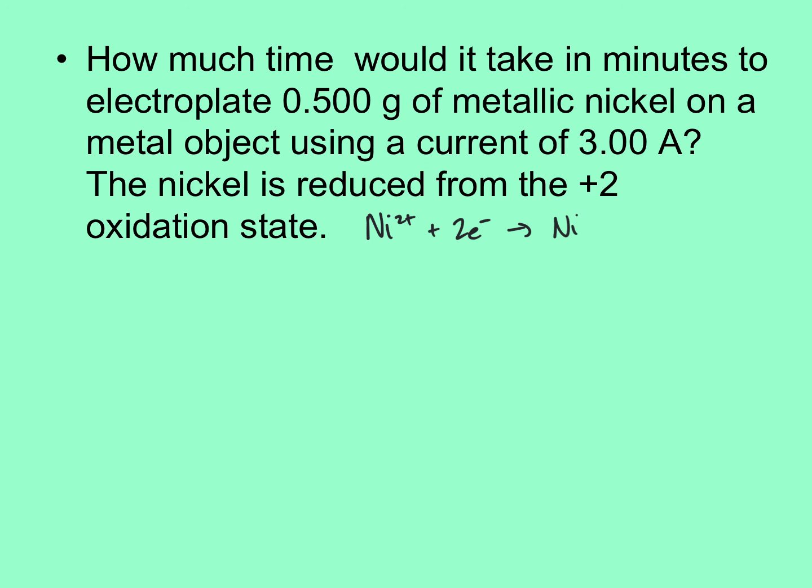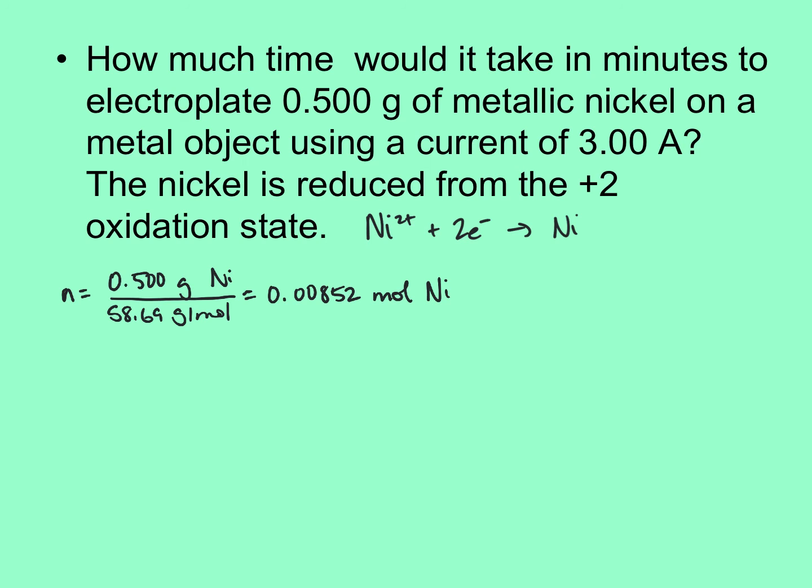Now we take the grams of nickel, so we say 0.500 grams of nickel, and divide it by the molar mass of nickel, 58.69 grams per mole. That gives you 0.00852 mole of nickel.